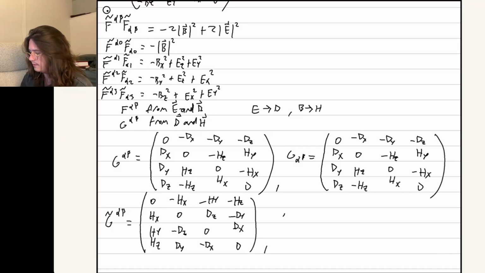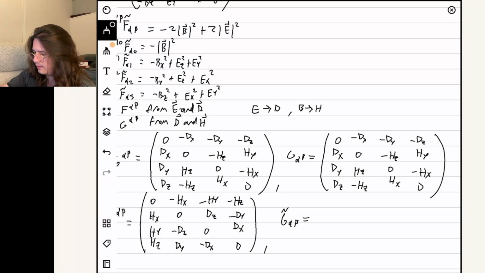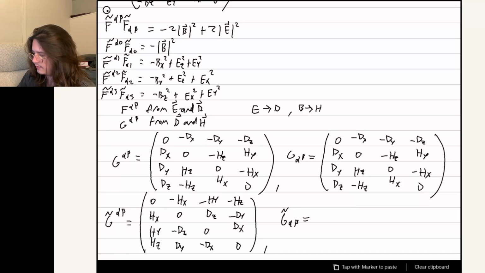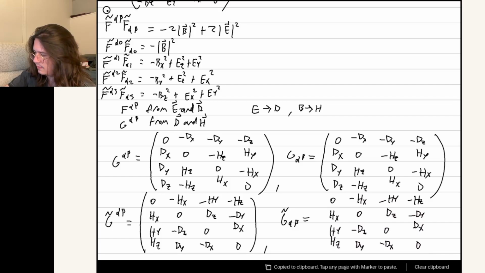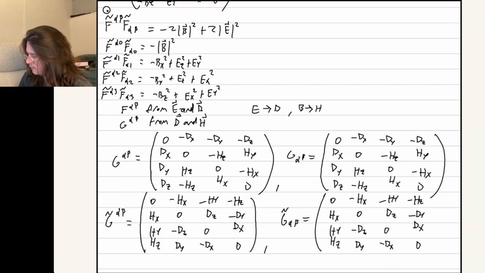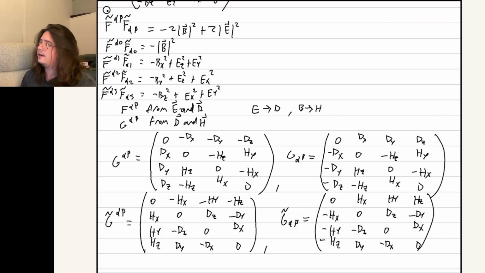Then the covariant form of that, you just switch the signs on the first rows and the first columns. Minus, minus, minus, plus, plus, plus, minus, minus, minus, plus, plus, plus. These are looking good now.